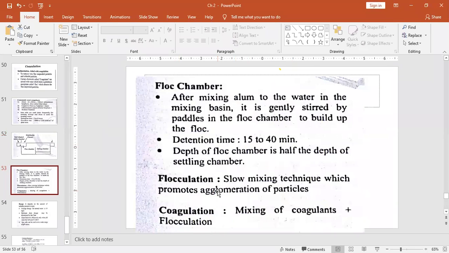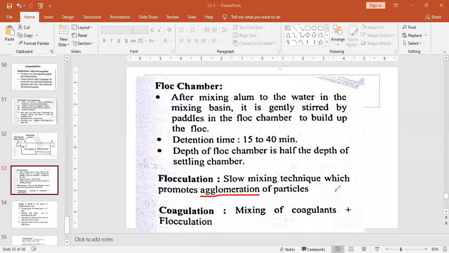And then flocculation. What is flocculation? Slow mixing technique which promotes agglomeration of particles. Remember this word, agglomeration of these particles is nothing but flocculation, flock formation. Multiple particles coming together is known as agglomeration.